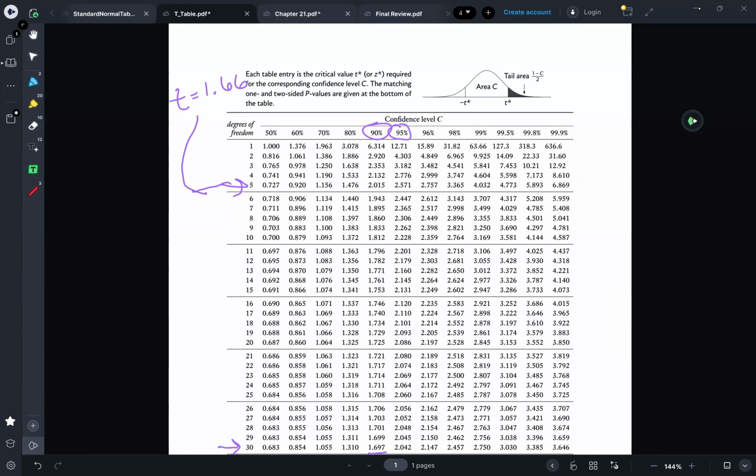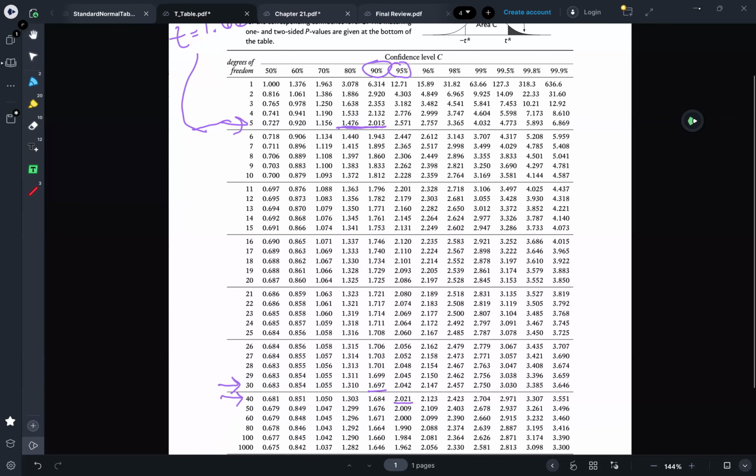It's between the columns, the 60 and 70, the 70 and 80, 80 and 90, right? In between those two. So 1.66 would be in between these two.